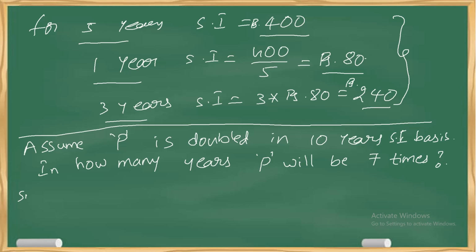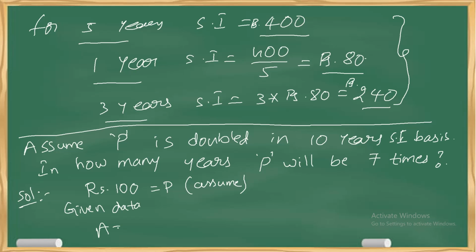Okay, now I'll explain the question first. Now instead of P, assume you have taken 100 rupees from the bank. According to the question, given data is amount is equal to 200 rupees.